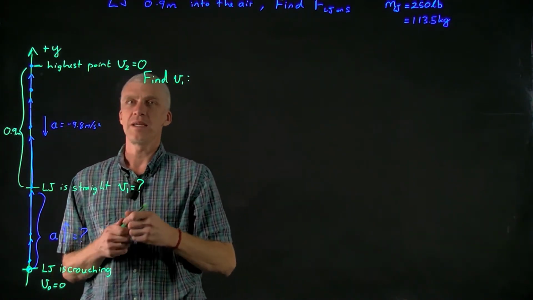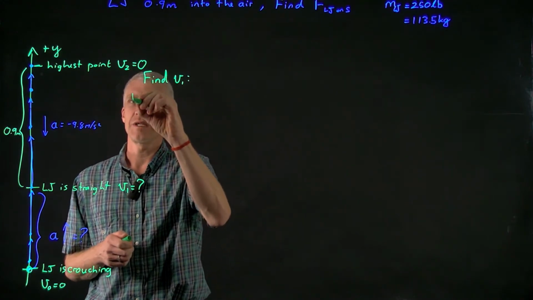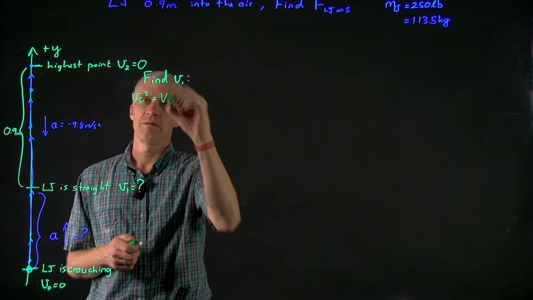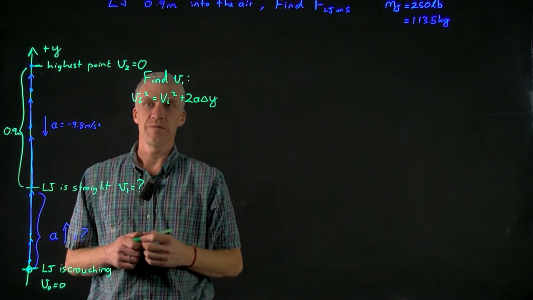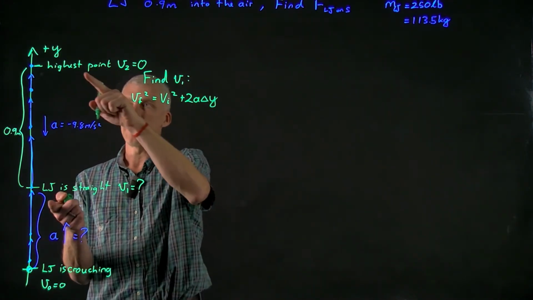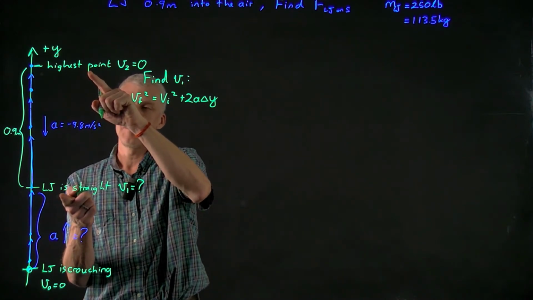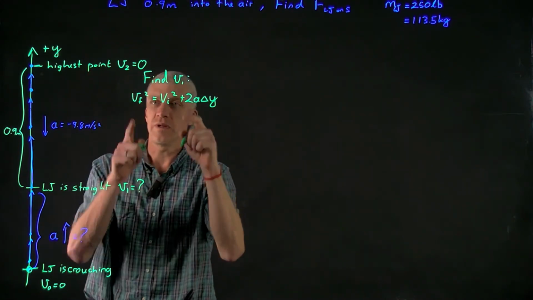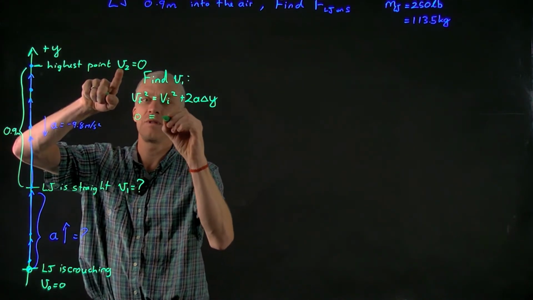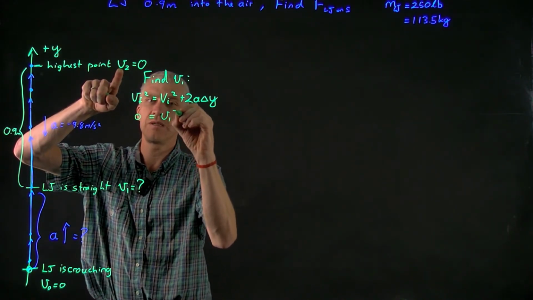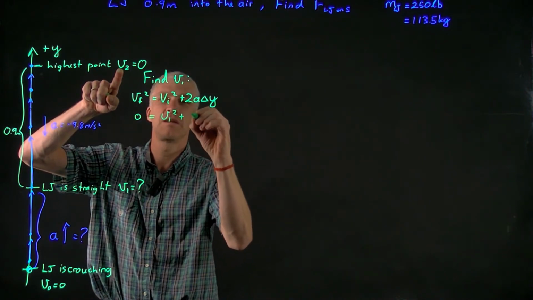So I'm basically going to apply a kinematics equation to the second phase of the motion. I'm simply going to translate from the coordinate system for the second phase of the motion to the equation. The final velocity in this phase is 0. The initial velocity is V1, which is what we want to find.